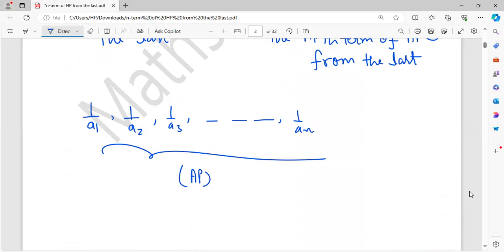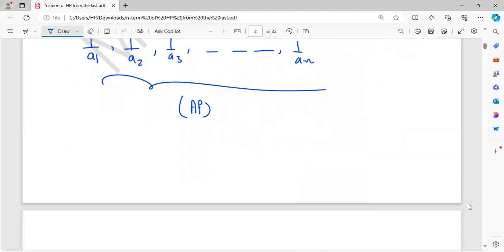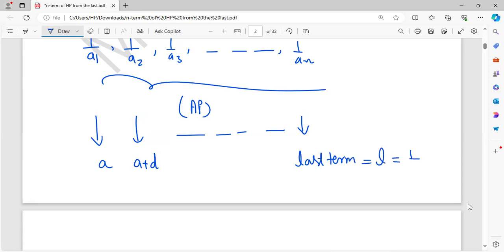So how to find it? This AP looks like this: the first term is 1 upon A1, then 1 upon A1 plus d, and so on. So what will be the last term? The last term is L, that is 1 upon AN.